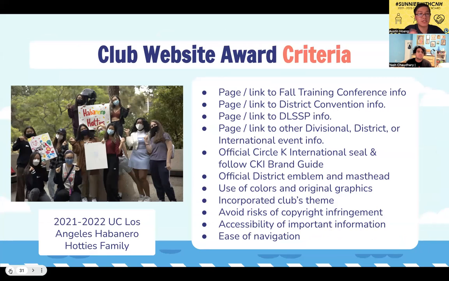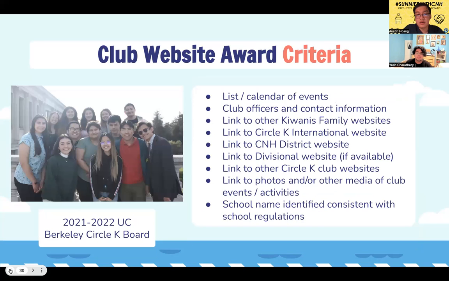They had some information, some photos, and they linked it to the actual website for that district event. And as you can also see on here, they used original colors and graphics. If you might remember, at the bottom of the homepage there was a contact us form that members can submit. And it also followed all these other guidelines and criteria that are listed on the PDF.